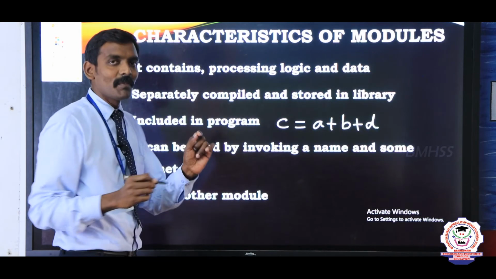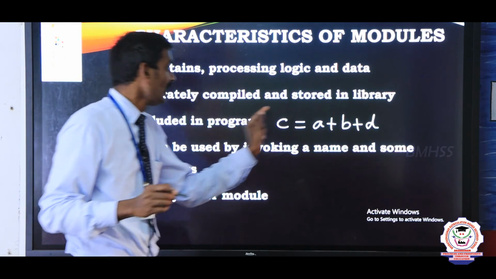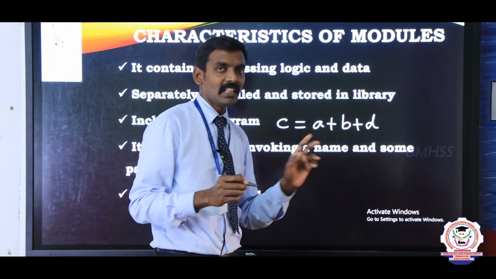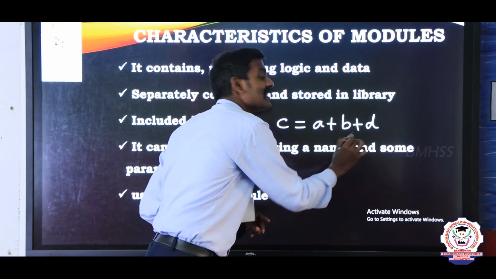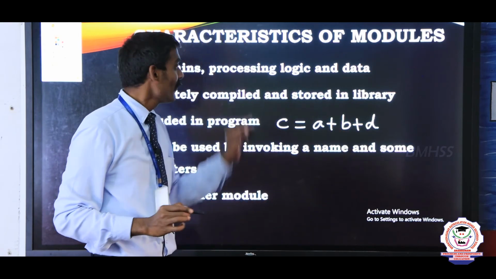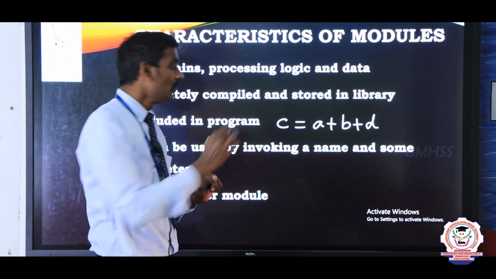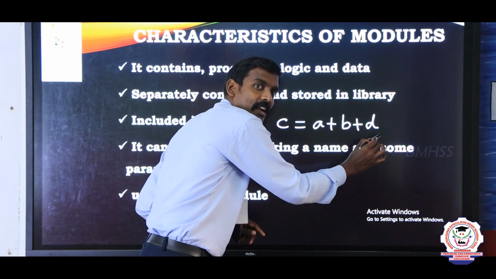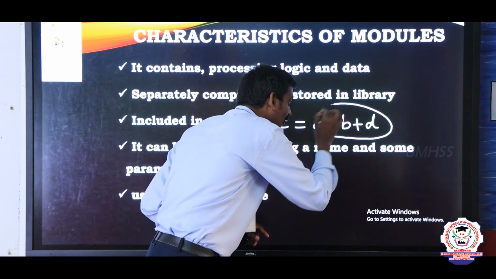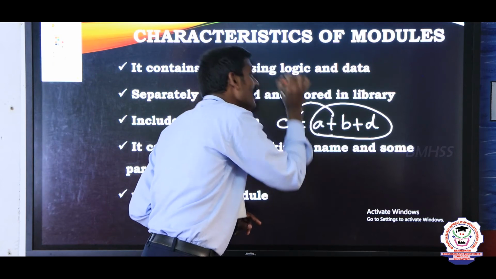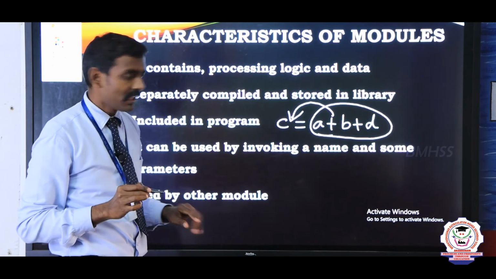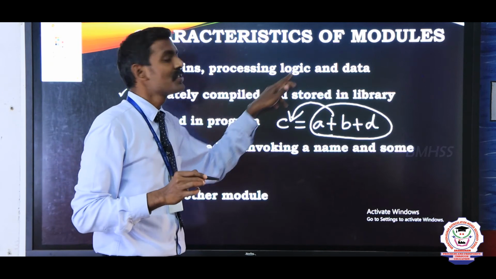Here data means you are giving some input a, b and d. These three are the input and plus is the operator. Here is where the logic is: you can add these three values and the result should be stored in the variable c. Are you clear? This is called the data.